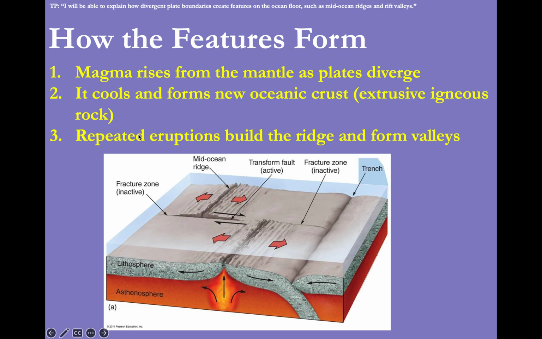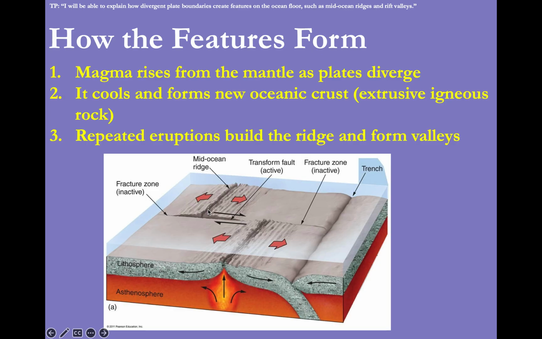Repeated eruptions build a ridge and form valleys. Valleys are going to be some of the lower portions of the Rift Valley in that previous picture.